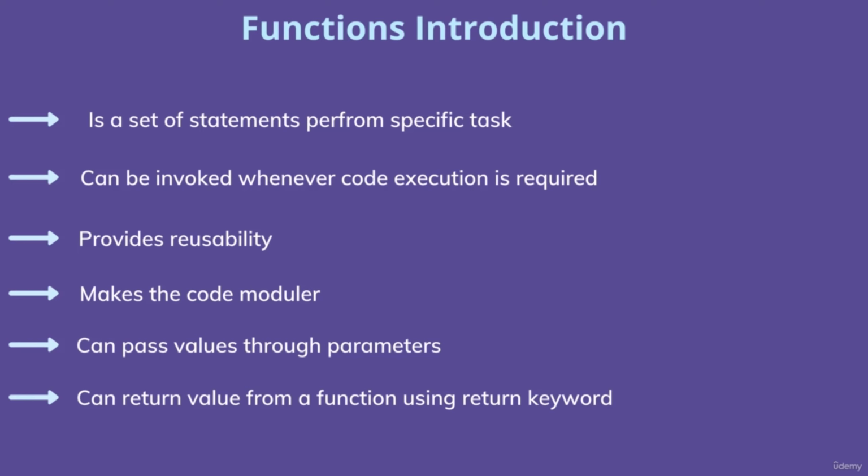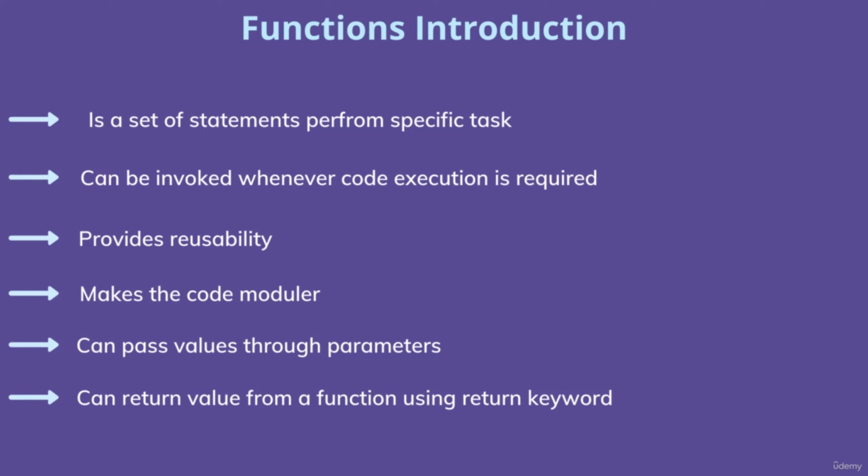For example, if I define a function which adds two numbers, 2 plus 4, it will always give me 6. But if I allow parameters in the function, every time I call that function, I can pass a different value. So in this case, my function will be more effective and will give me a better result.